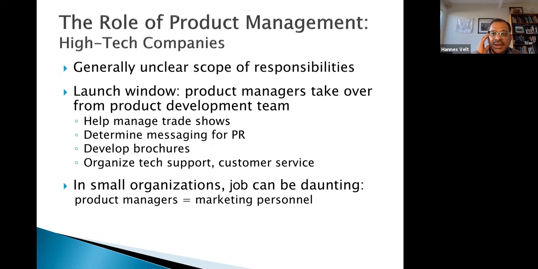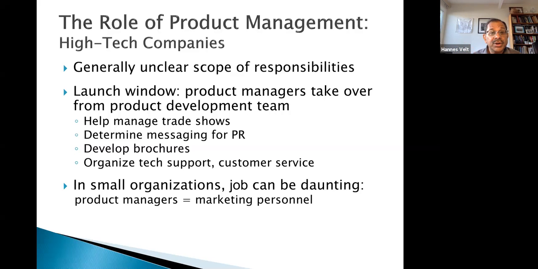Product management, I think that's a really good position. In some companies, they might call it program manager or project manager. They're quite similar. Basically, it's the first level at which a young person has general management responsibilities.